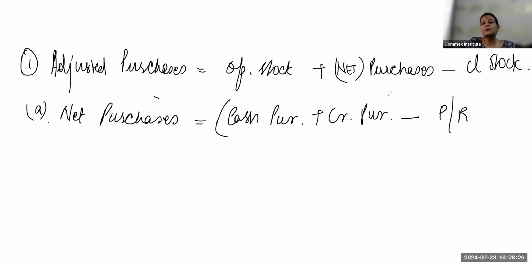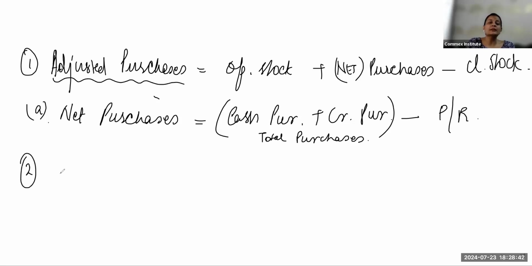Cash purchase and credit purchase give us total purchases, and minus purchase return will give us net purchases. When we talk about purchases, the final value is of course net purchases. That is adjusted purchases. And then there is something known as cost of goods sold, which is COGS.